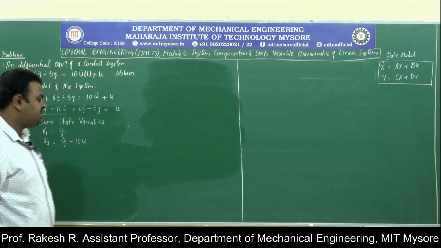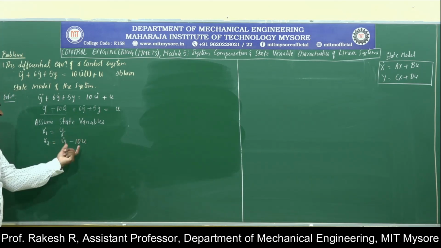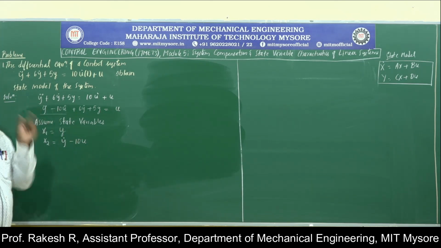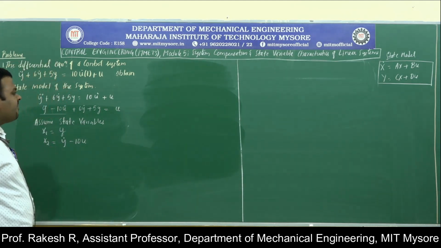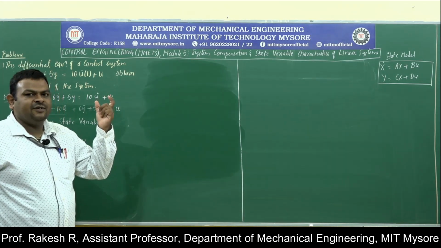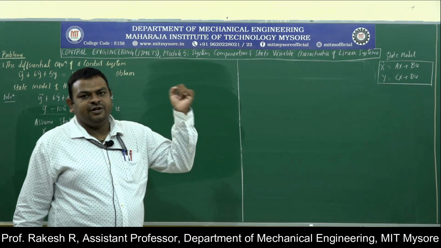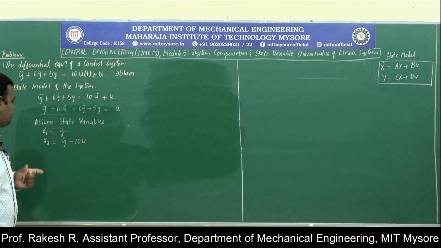Whenever I differentiate this, I will get y double dot minus 10 u dot, because of which this whole term will get substituted. The same thing applies if you have any other inputs rather than u. If the differential equation is having u dot, u double dot, u triple dot, then the substitution should be like this.